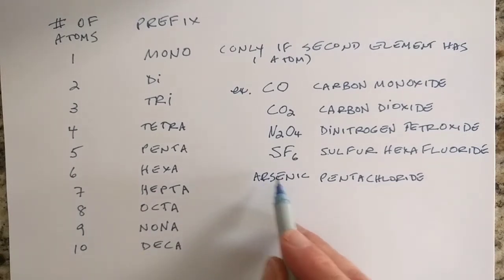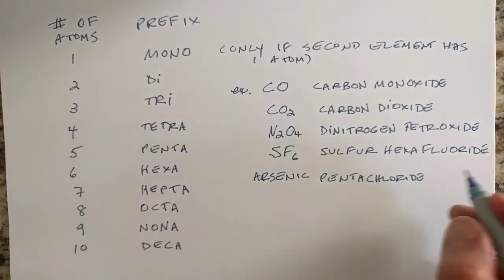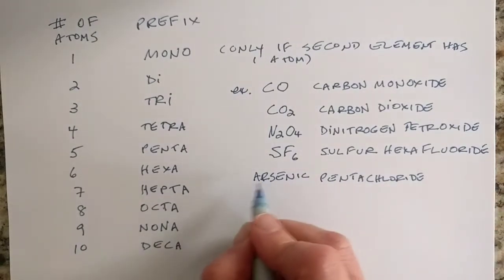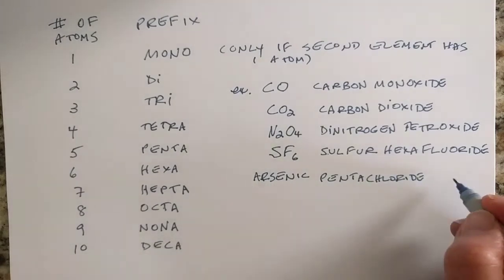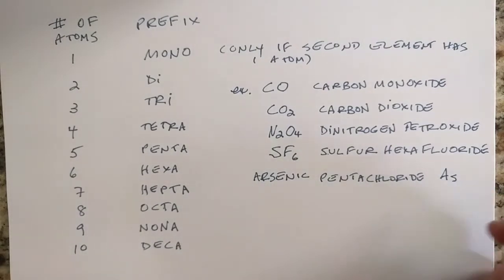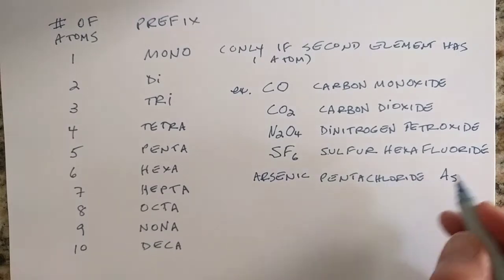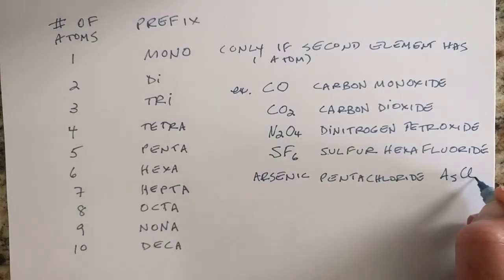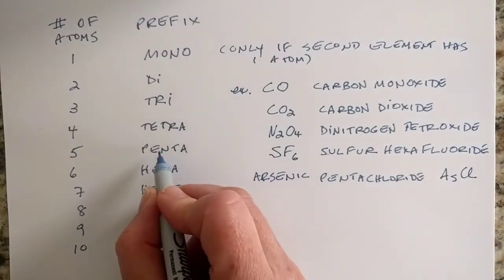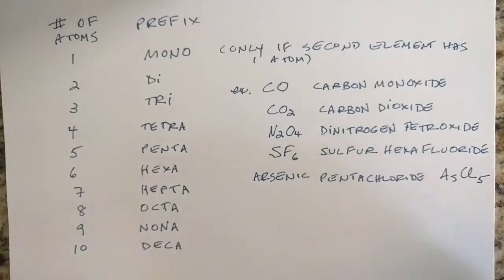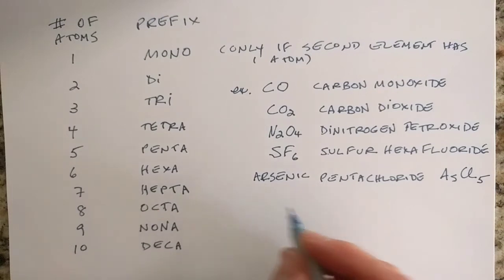Ar is argon. A lot of people make mistakes with arsenic, As. And there's one of them, because there's no mono, we don't need the mono. If there's no other prefix, it means we have one. So As. Pentachloride, so chloride comes from chlorine, Cl. Penta is 5, so our formula is AsCl5. That's it. It's that easy.